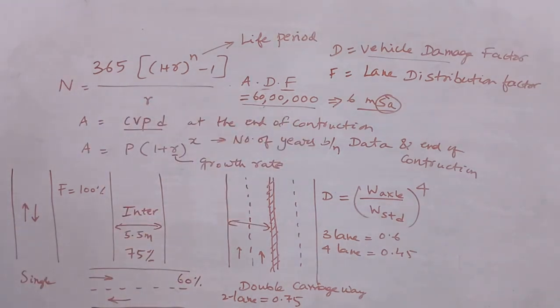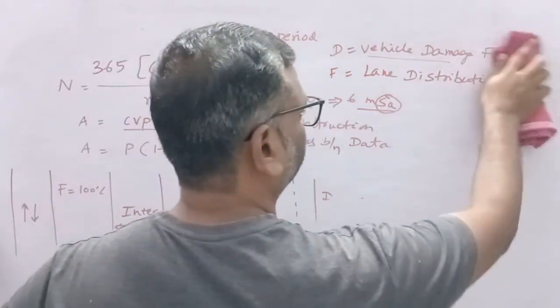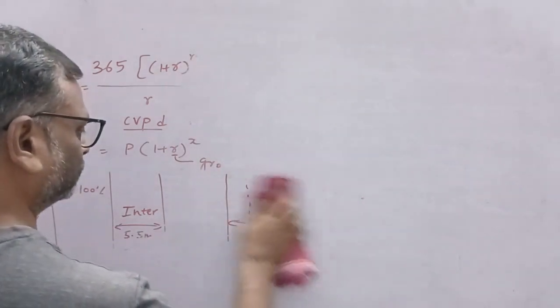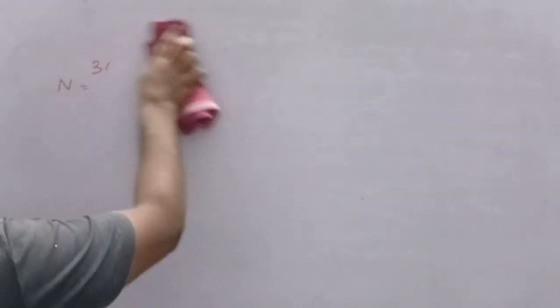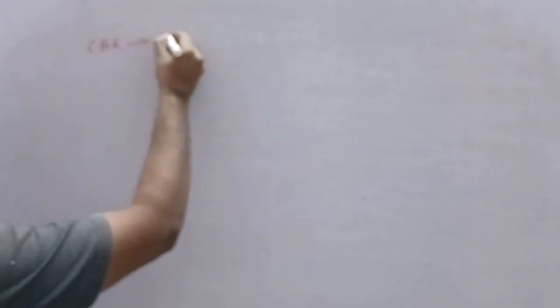Now how to find out the CBR value? CBR value, California bearing ratio value. This laboratory test is similar to the Proctor test.